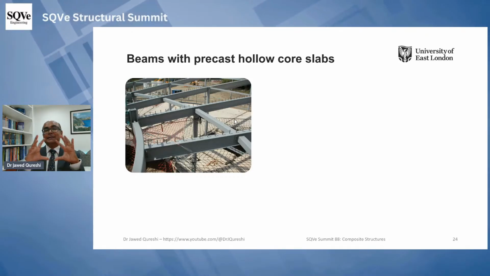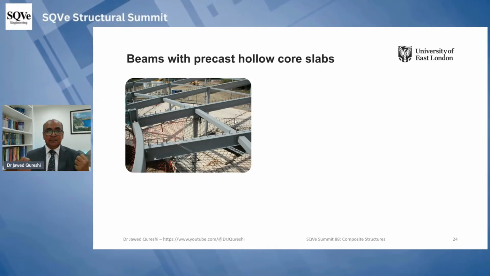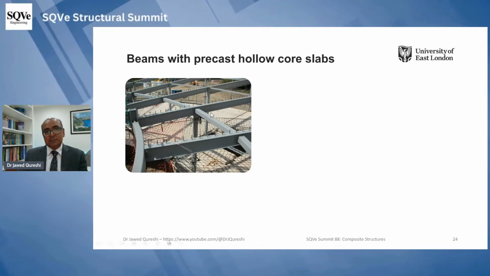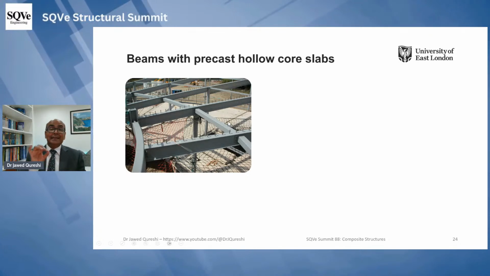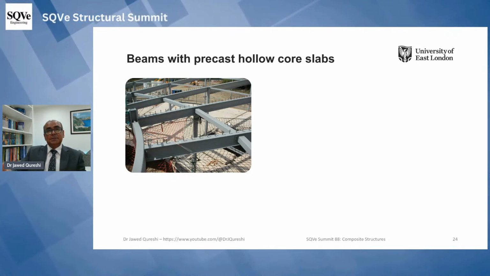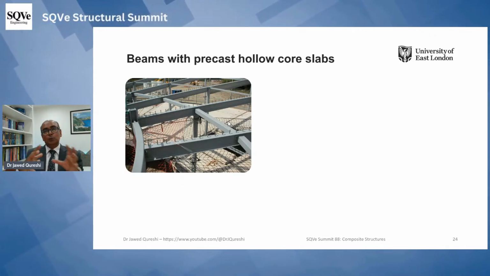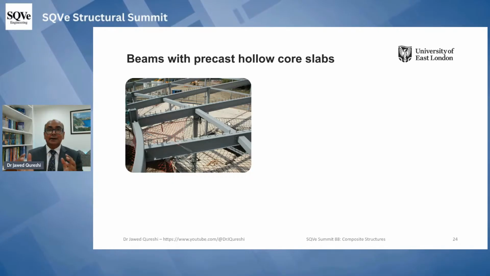To provide that entire frame action in a structure, we use these tie beams. The only exception is that at the edge, it has to be composite, because we want to provide a frame action so that the entire structure is connected together.